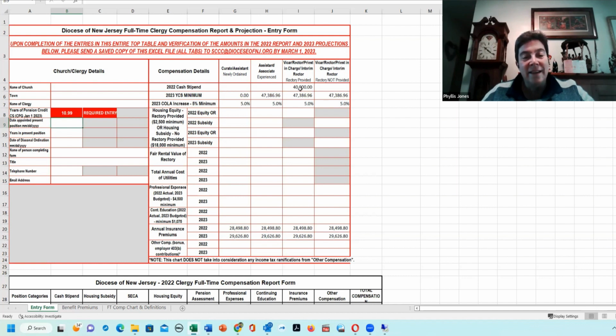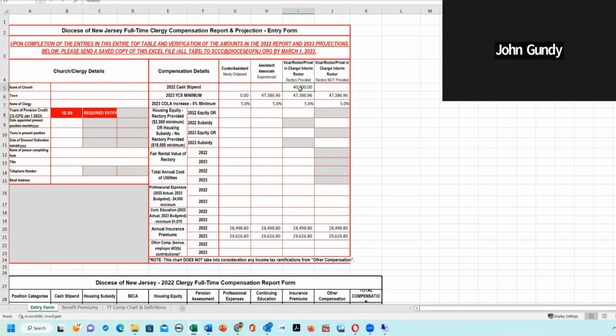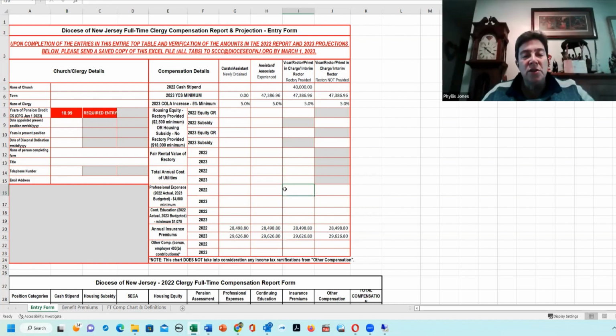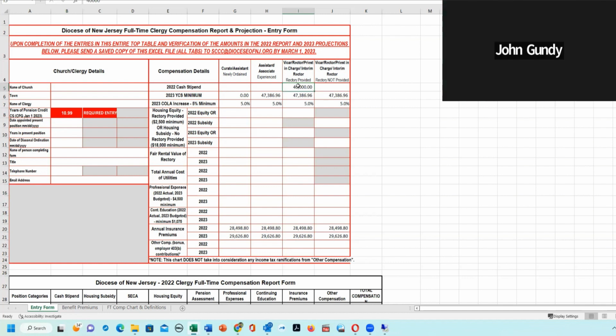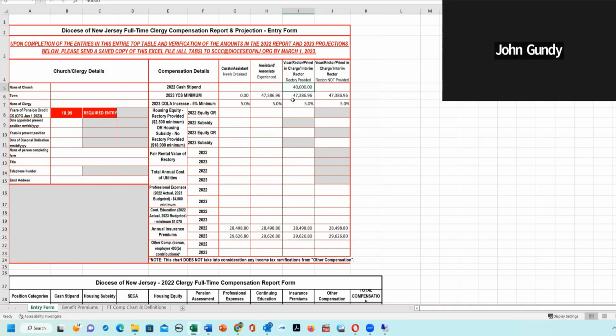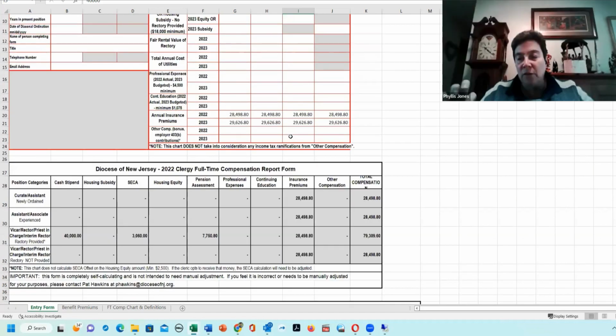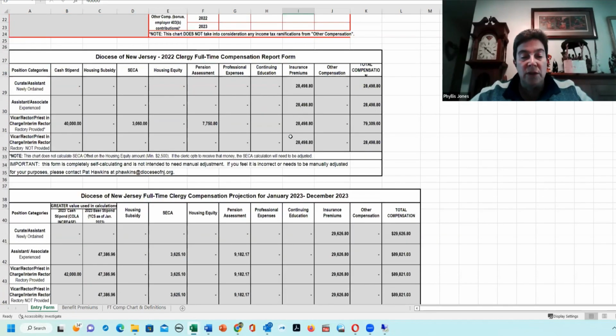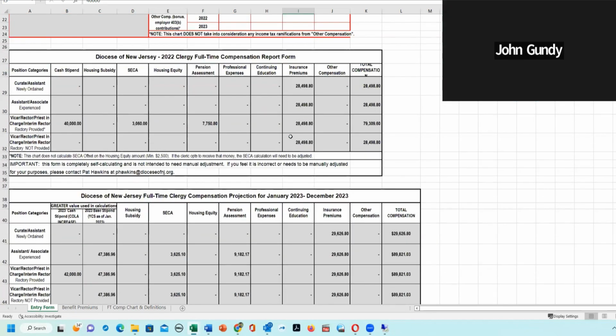Now, what was the cash stipend for 2022? Good question. I don't know. Yeah, that's what you've got to get, and then it will take the COLA on top of that cash stipend number, compare it against the 47, and the higher of those two numbers is what you need to use. Okay. Gotcha.